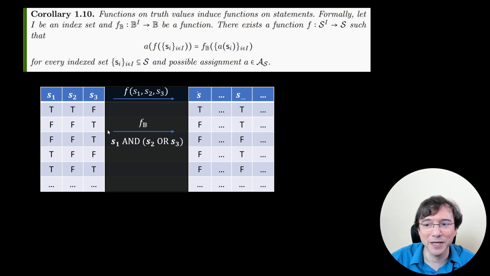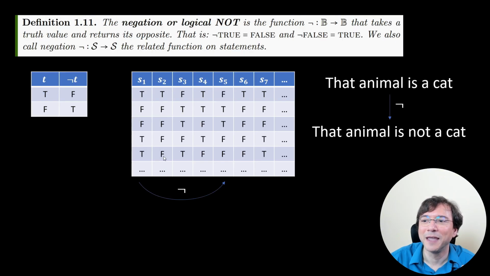And since we can do that, given any set of statements, we can now create a function that goes from the particular statements to the statement whose truth value is related to the other statements through the function itself. So, for example, suppose that we have the negation.